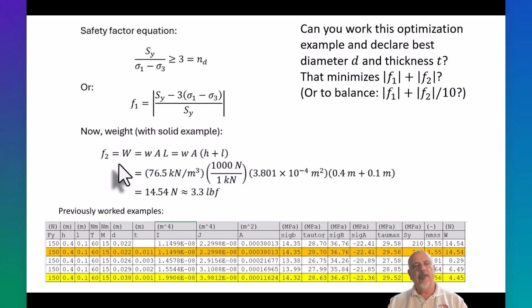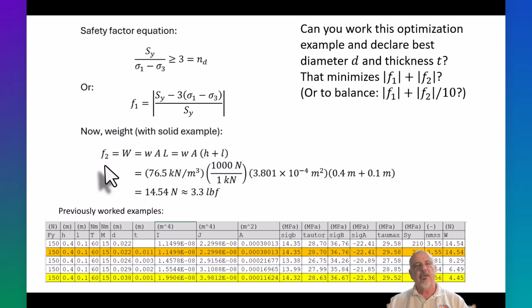If my weight were completely solid, the first 2 lines, my weight's like 14.5 newtons. That was going to be unwieldy to compare with this being very close to 0. So I normalized that, and then I tried to compare them.